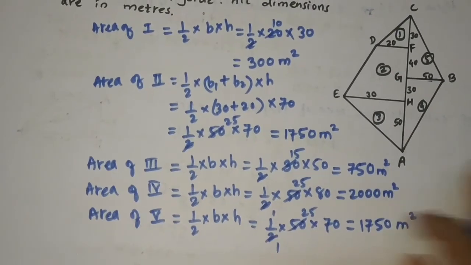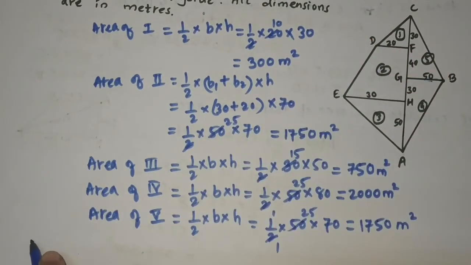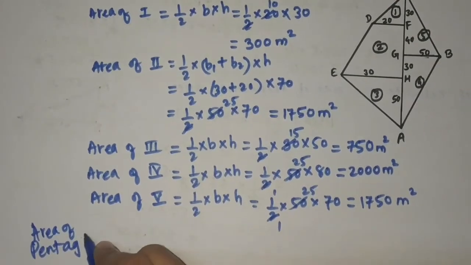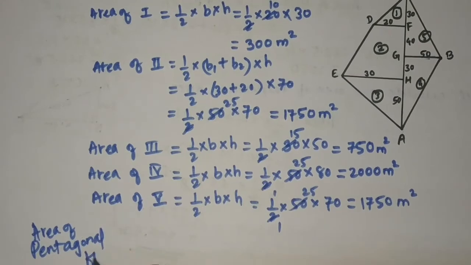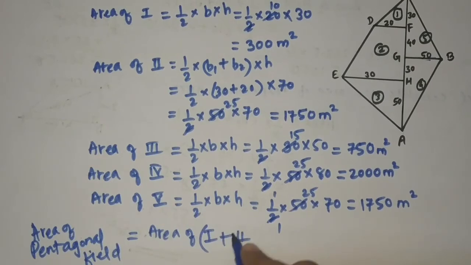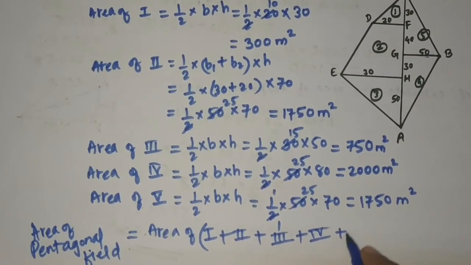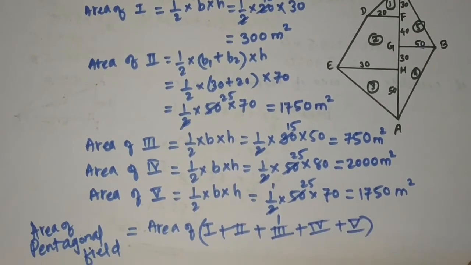So here I got the areas of 1, 2, 3, 4, 5. So for finding the pentagonal area, I'll sum them. So the area of the pentagonal field is just the area of 1 plus 2 plus 3 plus 4 plus 5.